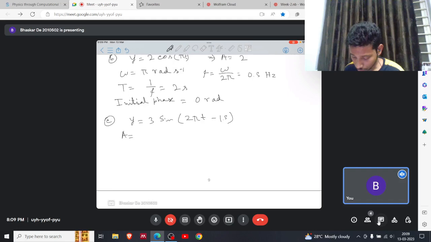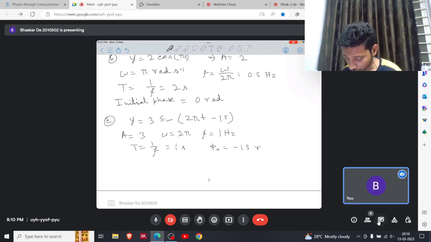So A equal to 3, omega equal to 2 pi, f equal to 1 hertz, T equal to 1 by f, so that is also 1 second, and then the phi naught equal to minus 1.5 radian.